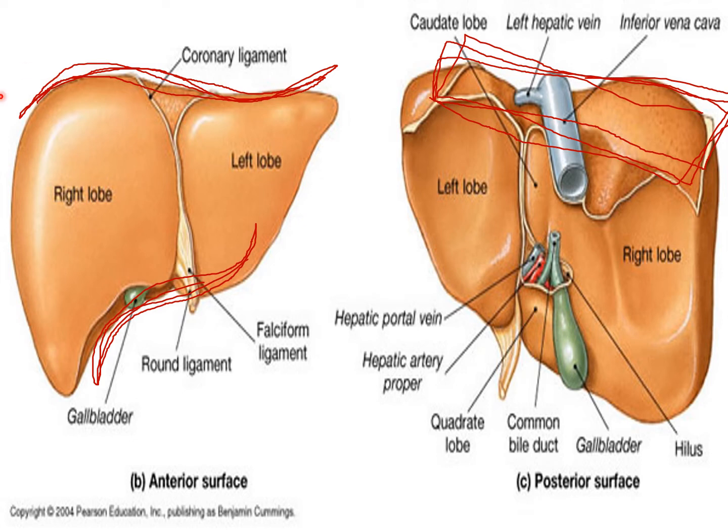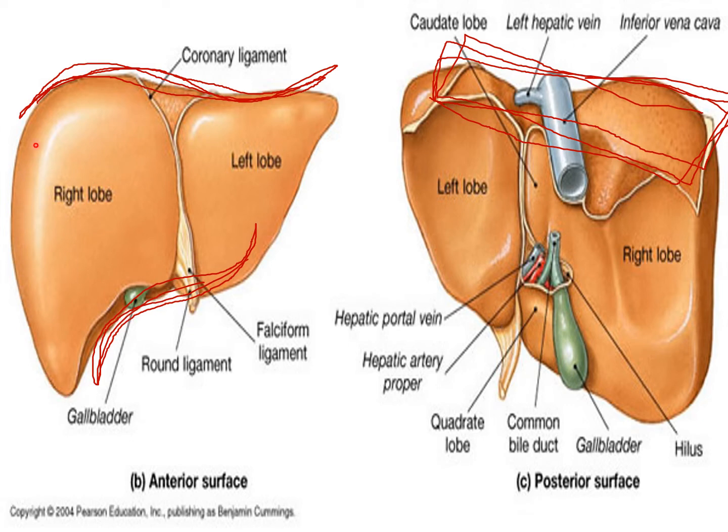Once again, let us recall the 5 surfaces that a liver has. This one is the superior surface of the liver. In this diagram, you can see in a better way, this is the quadrilateral superior surface. This is the inferior surface of the liver.